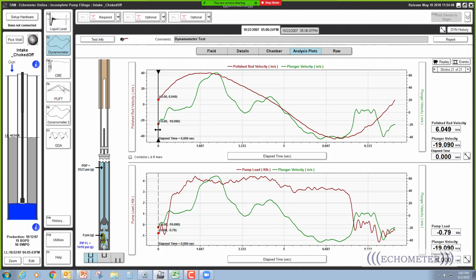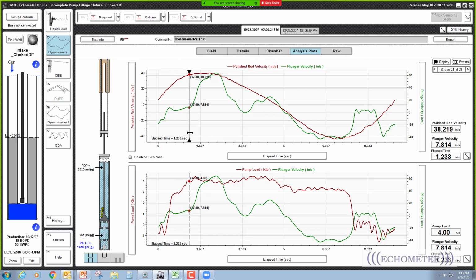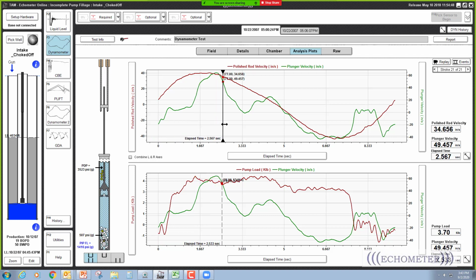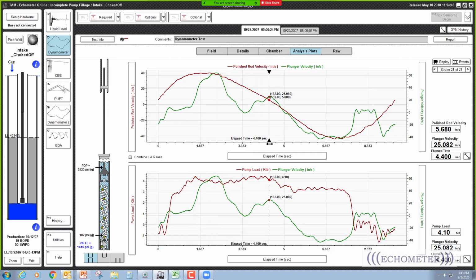Now I'm going to move to the right. See right there, it's got fairly low plunger velocity as it's stretching the rods to pick up, and then right there the trailing valve opens. Trailing valve opens, the plunger takes off, starts going really fast, and there's a harmonic right there.